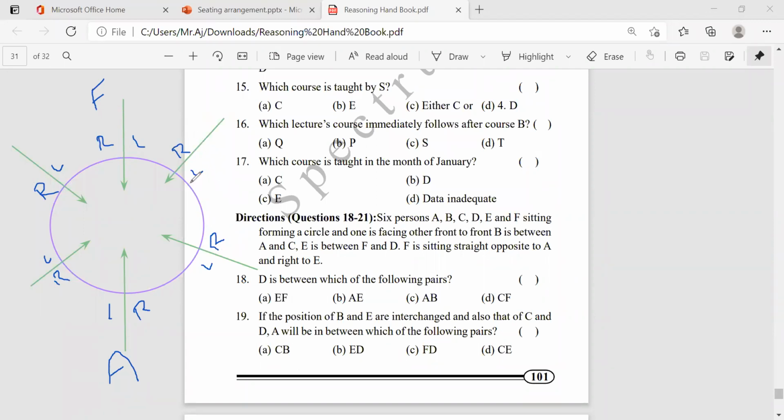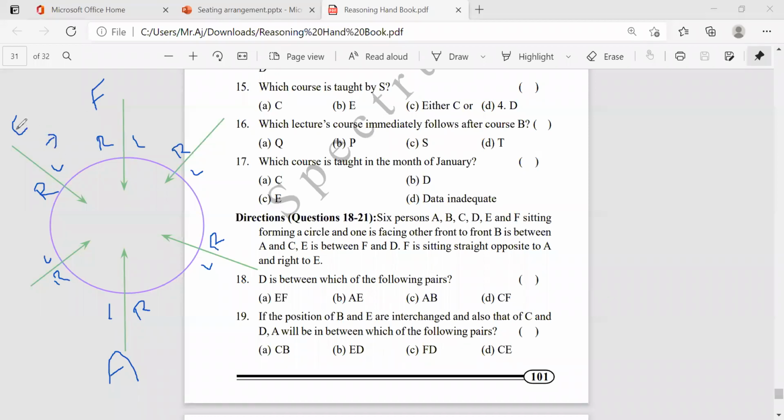So what they are saying: F is sitting straight opposite to A and right to E. Suppose if I kept E here, this is E's left.